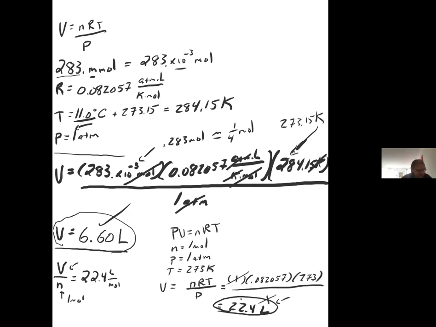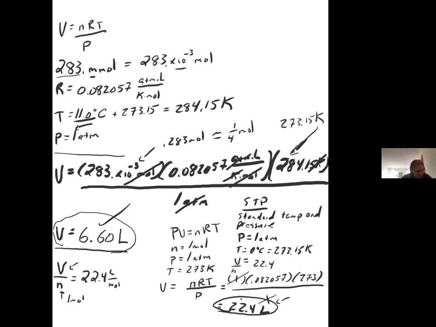So they often refer to that as STP, standard temperature and pressure, which is where the pressure is 1 atm and the temperature is 0 degrees C, which is 273.15 Kelvin. If they tell you it's at STP, or if they say it's 1 atmosphere and 273, then you can say the volume divided by the number of moles is 22.4.